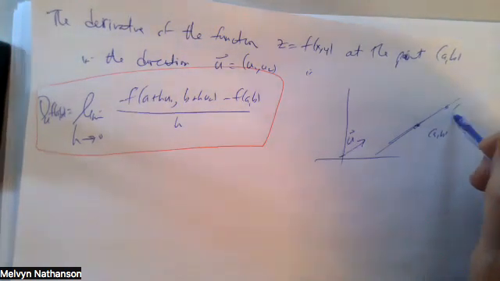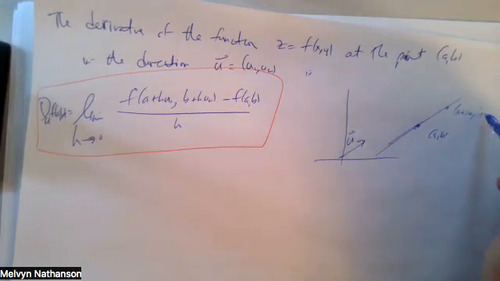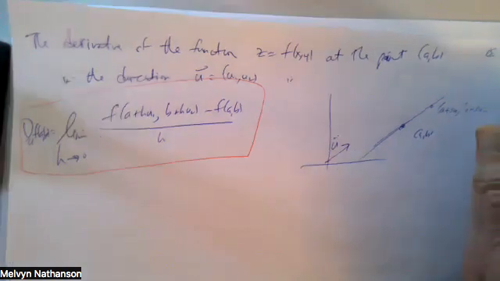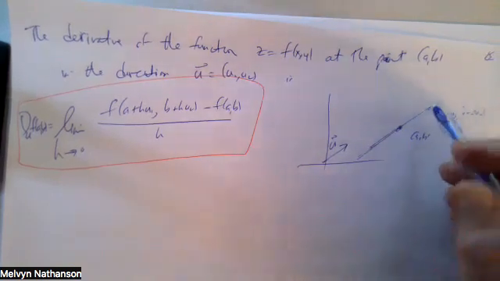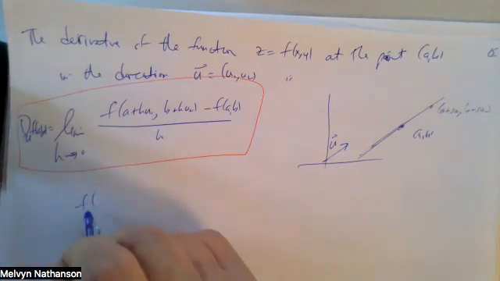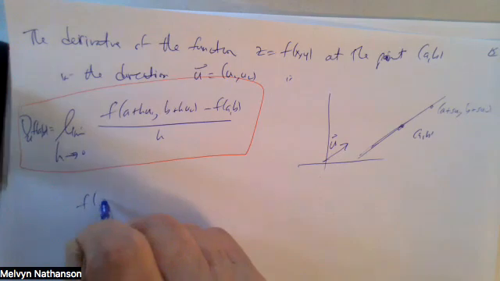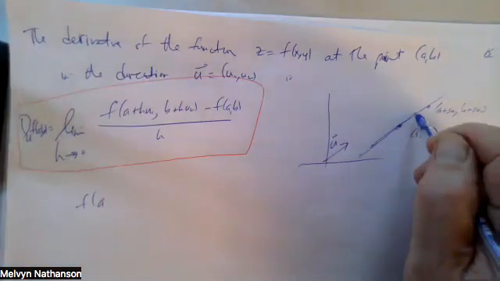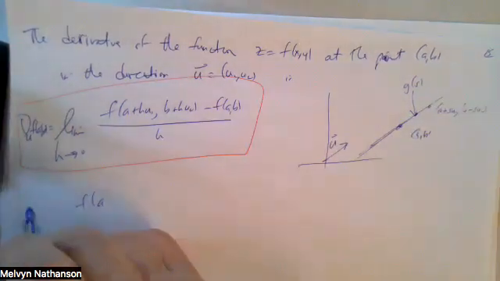This is (a plus s u1, b plus s u2). And if I look at f along this line, at a point on this line, let me think of this as a function of s.